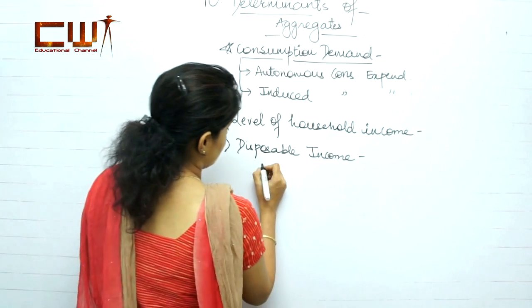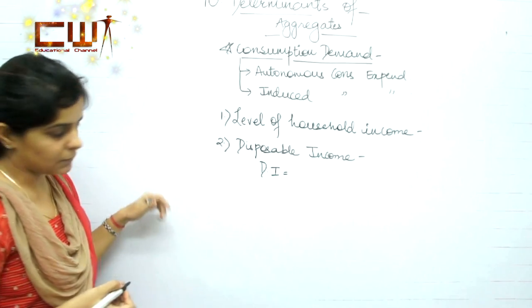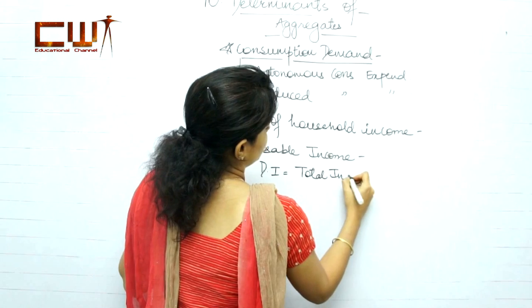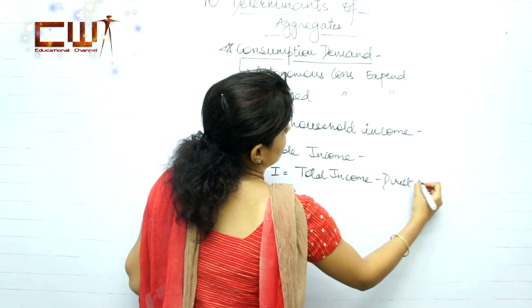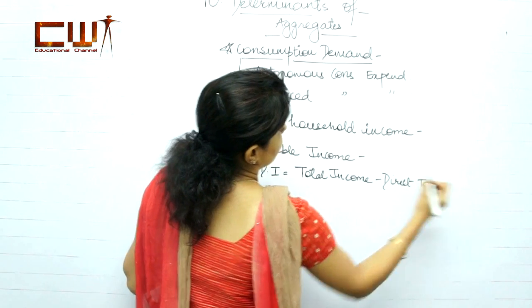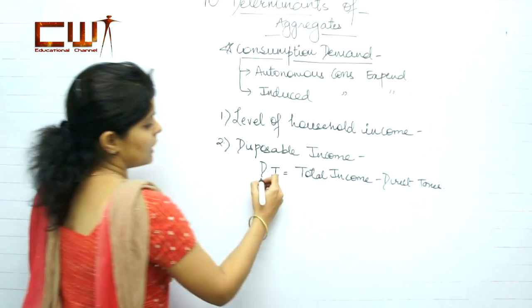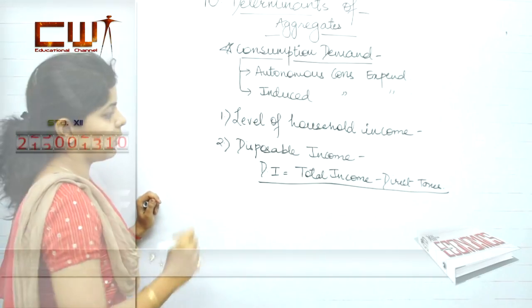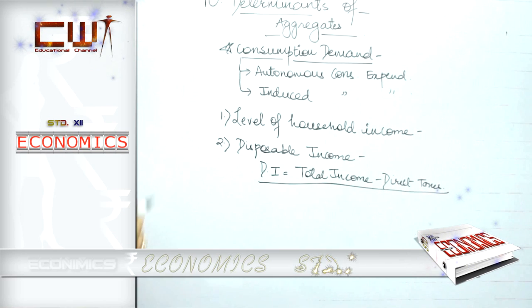So disposable income basically has a formula: disposable income is the total income minus the direct taxes. Whenever you pay taxes out of your total income, what is left for you to spend the way you want is known as the disposable income.